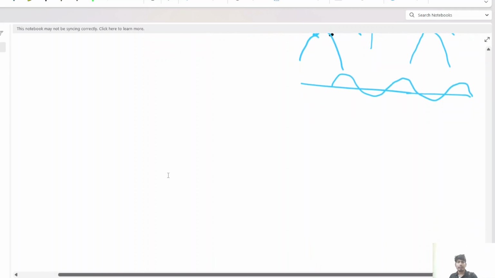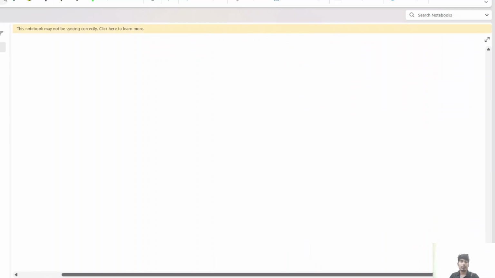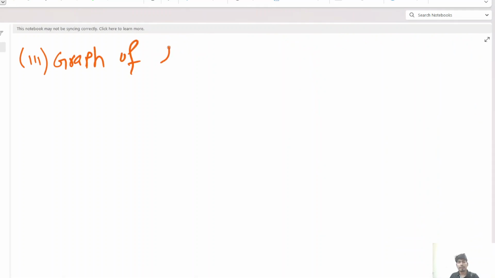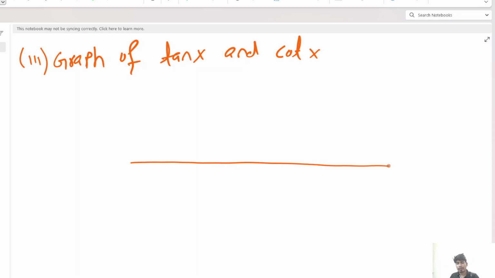So our third one is the graph of tangent x and cotangent x, okay. Let this be our x-axis and this is the y-axis.